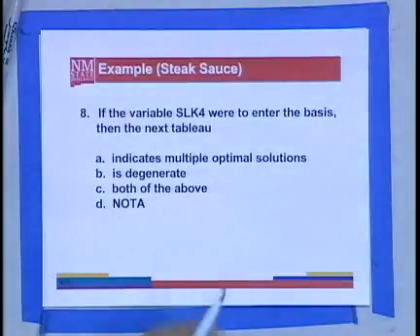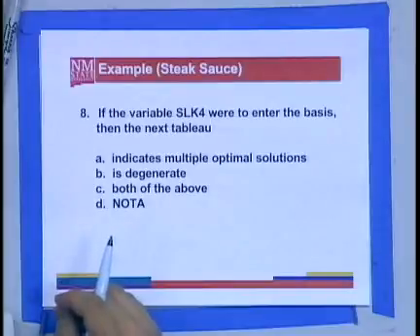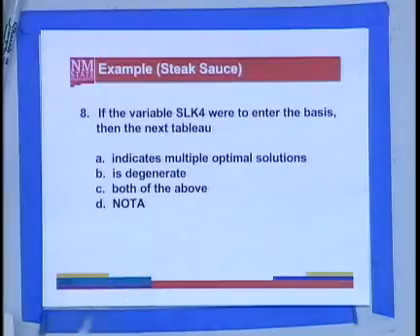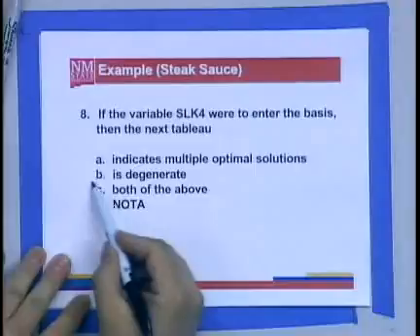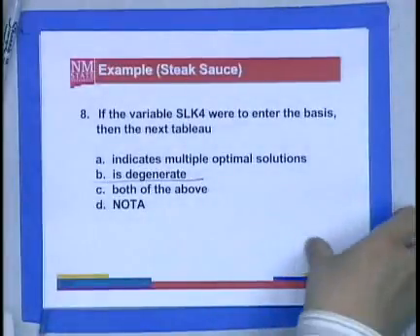That means the resulting solution will be degenerate, right? With all 3 of the variables, R and AR and BR, decreasing to 0. So the answer is B, right? The next table is degenerate.